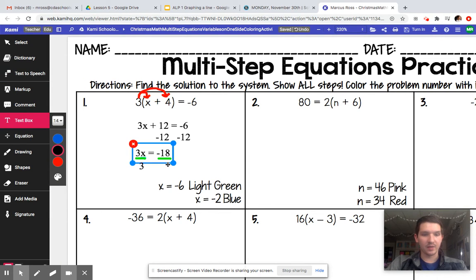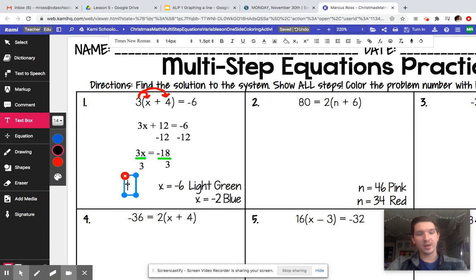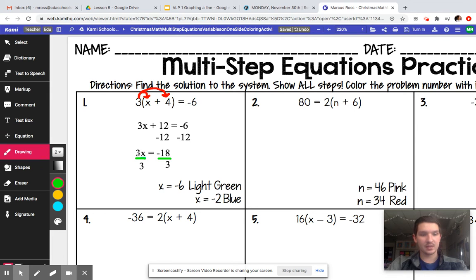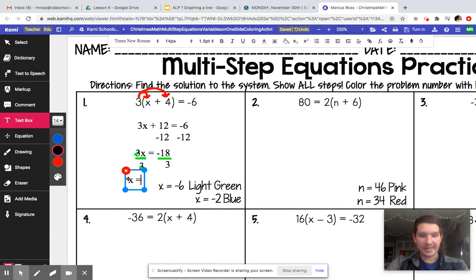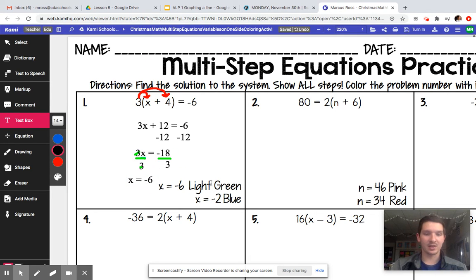So 3x divided by 3, the 3 is going to eliminate, and what you're left with is x equals... well, -18 divided by 3 will leave you with a negative, because a negative divided by a positive will leave you with a negative. -18 divided by 3 will leave you with -6, and that is your answer.